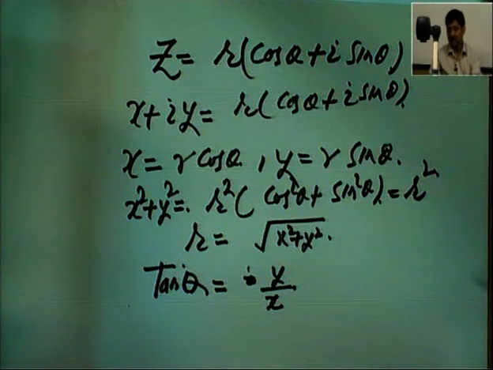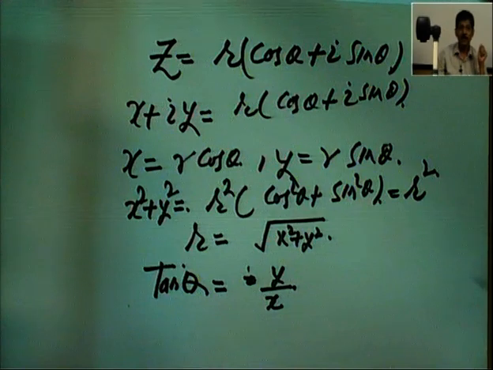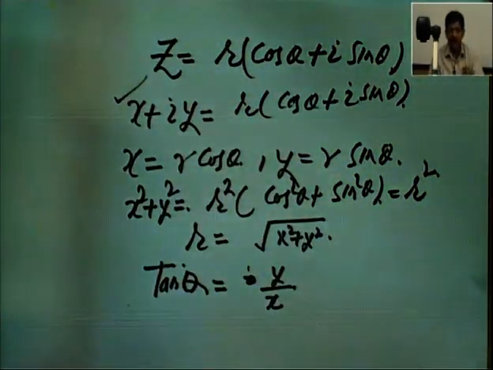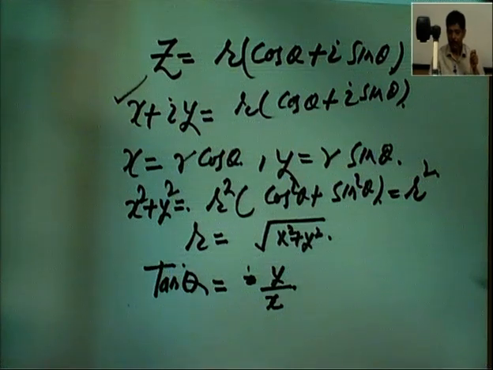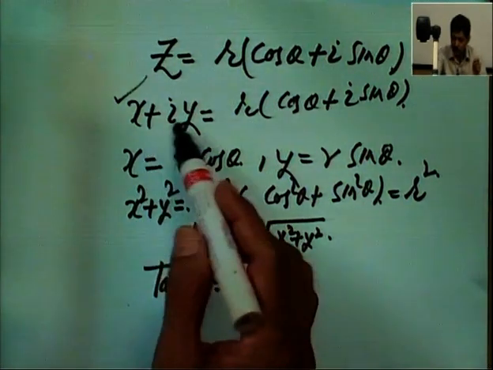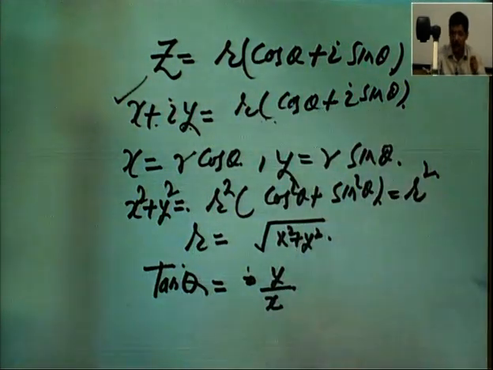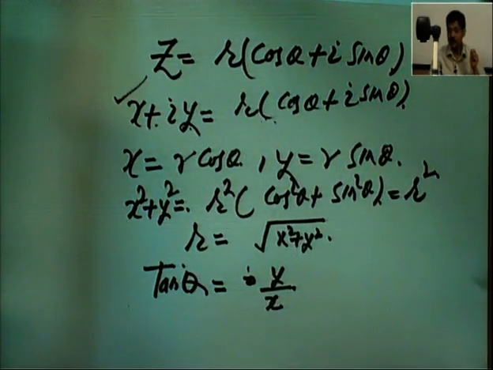Well, in short, what I have done, I started with this complex number x plus iota y, and I wish to write this number in this form, that is r cos theta plus iota sin theta.